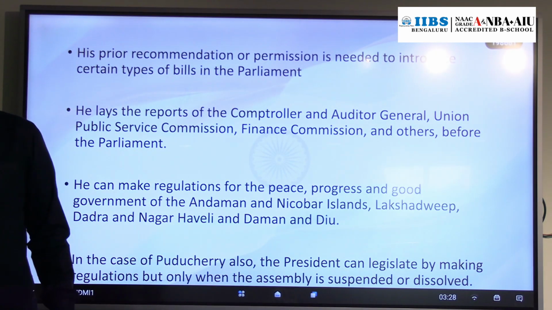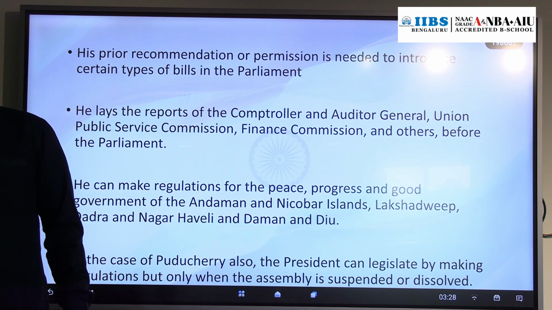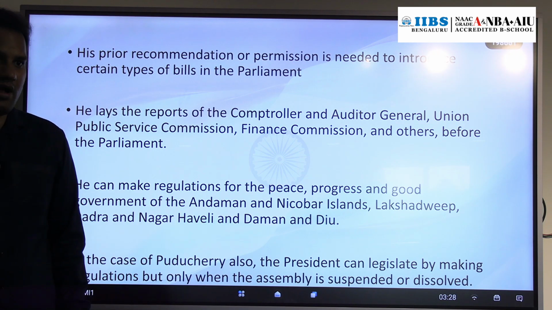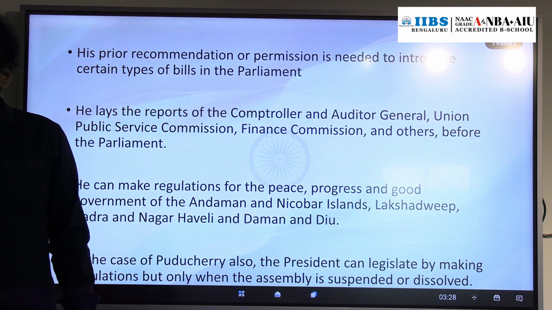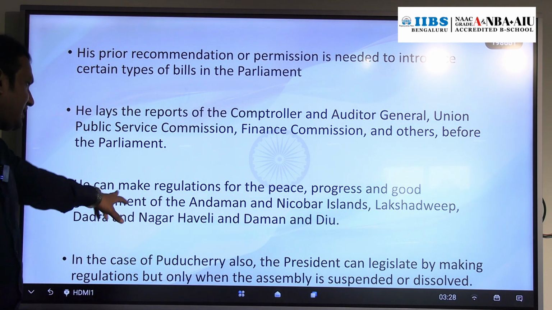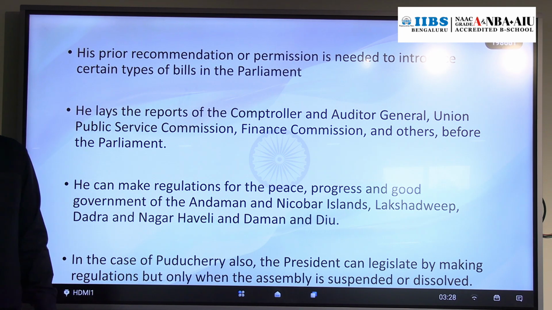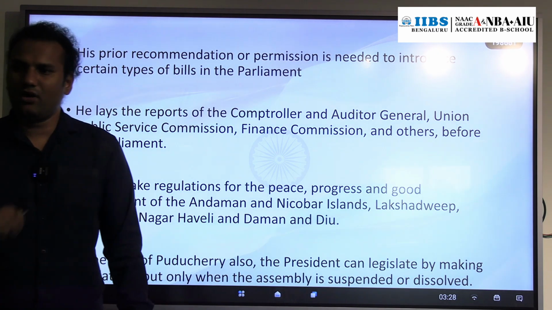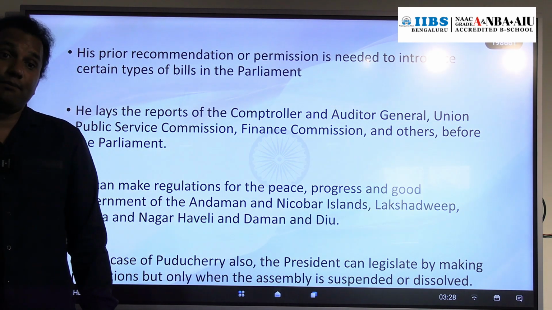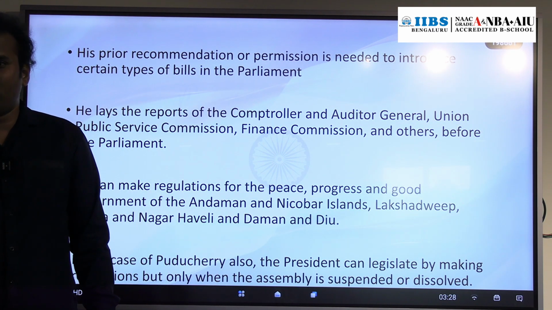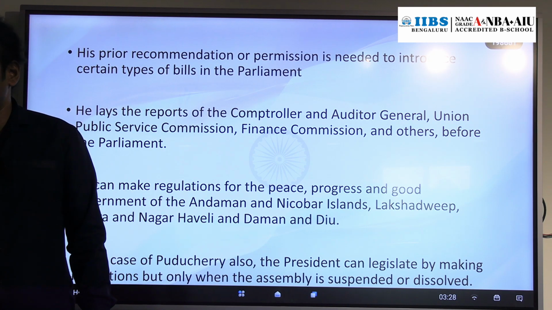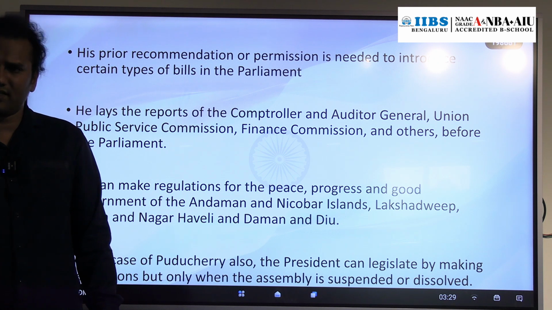Generally, Parliament will make law. Don't you think so? Rules, regulations, laws, by whom will they be created? Parliament. But regarding these UTs, the President has that power. And we have one more UT, Pondicherry or Puducherry. Regarding Puducherry also, the President has the power to make regulations for the purpose of peace, progress and good governance.